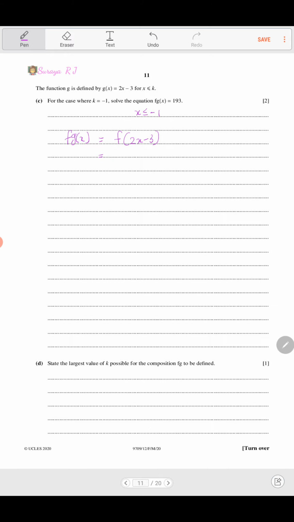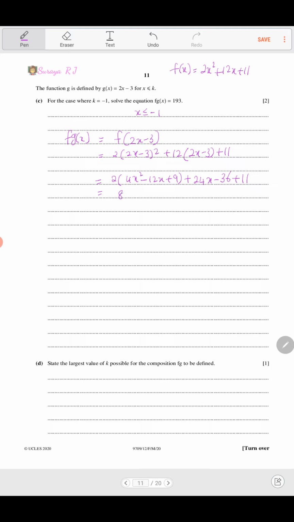So we have 2 times (2x minus 3) squared, because function f of x is 2x squared plus 12x plus 11. So we replace x by 2x minus 3. Plus 12 times (2x minus 3) plus 11. So we obtain 2 times (4x squared minus 12x plus 9) plus 24x minus 36 plus 11.